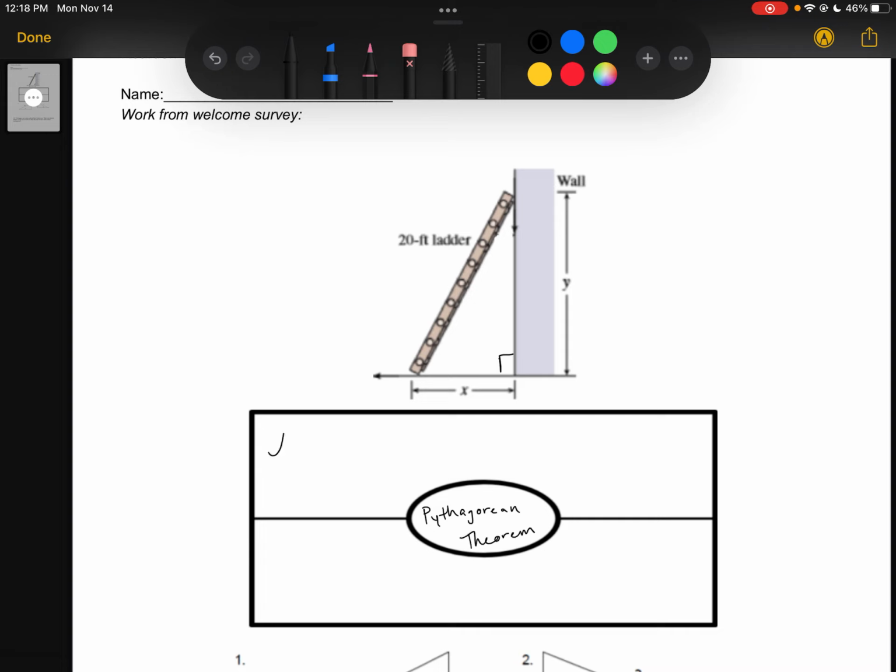So this is a relationship between the sides of a right triangle.